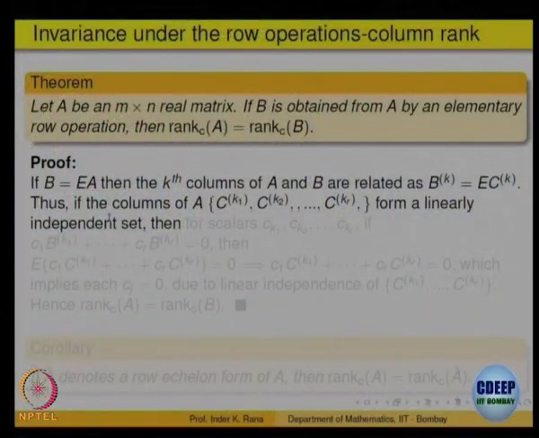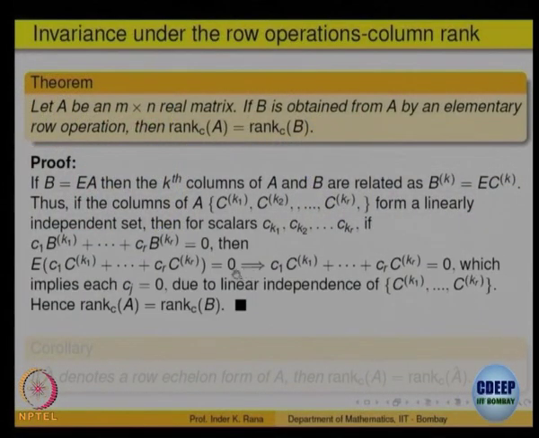So let us take a linear combination, c1 times B k1 plus up to cr times B kr. I am not taking all the columns, I am taking the k1th column, the k2th column, and I have picked up some r columns, and I am taking a linear combination that is equal to 0 in B. So what are the Bk's?